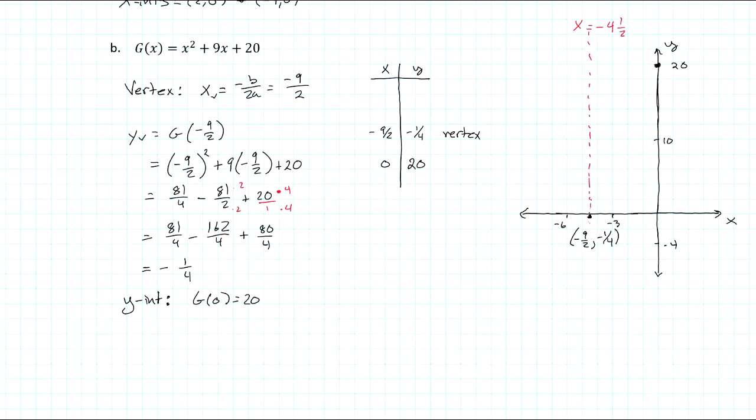So that means if we go over to negative 9, and go up to 20, we'll get the mirror of the y-intercept.